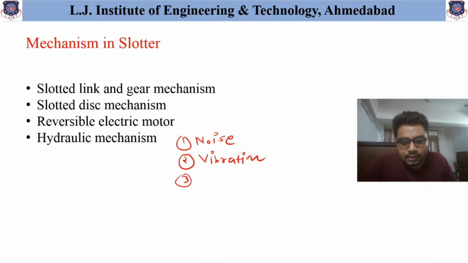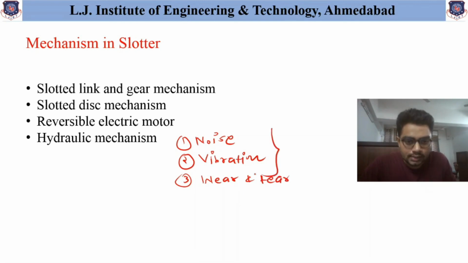The third disadvantage of using mechanical parts is that, due to the continuous movement of the parts, let us take the example of gears. When the gears are meeting each other, there are chances of wear and tear, and after a certain time these gears need to be replaced for better machining operations. So another disadvantage is wear and tear.